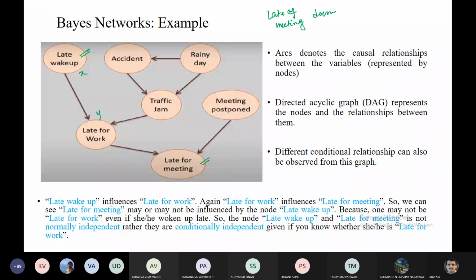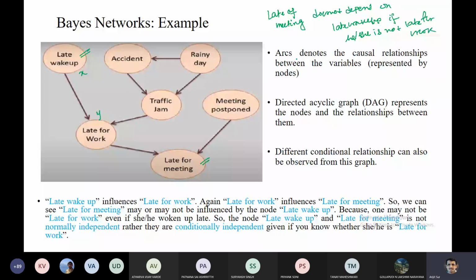doesn't depend on late wake up if he or she is not late for work.